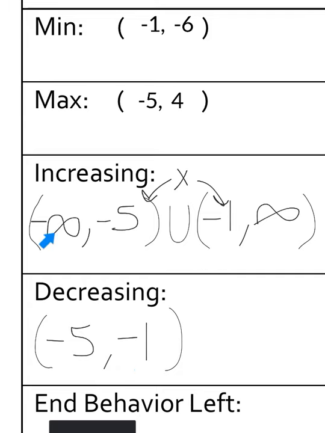So we're going from -infinity to -5, -5 to -1, and then from -1 to infinity. And again, these are all x values. This decreasing part was the green section up on the graph, and the increasing was the yellow.